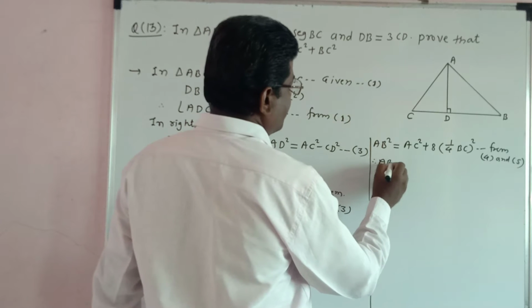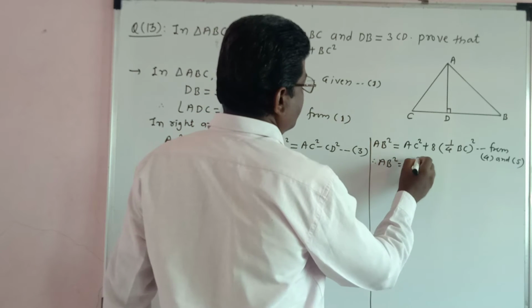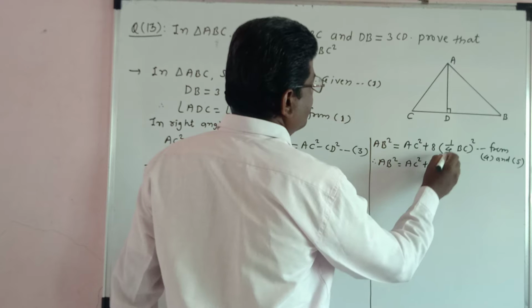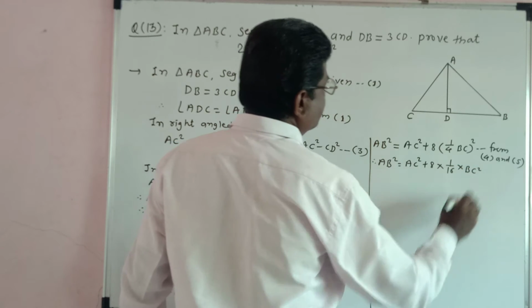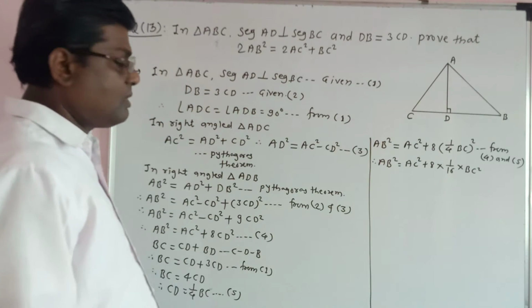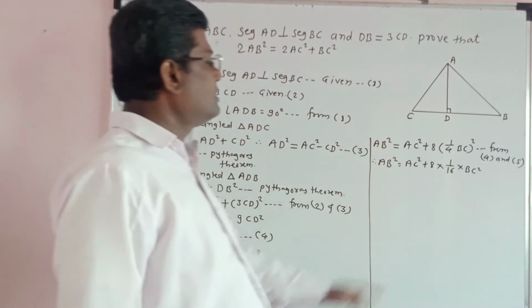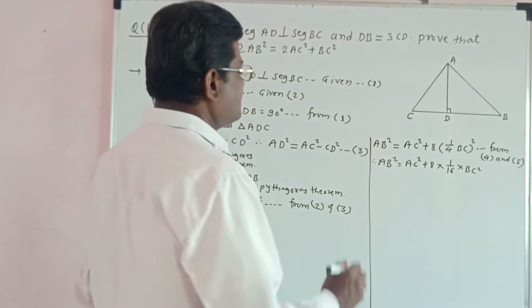Therefore AB square is equal to AC square plus 8 into 1/16 into BC square. 1/4 BC square is 1/16 BC square.